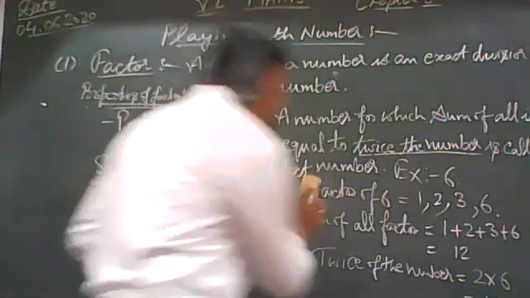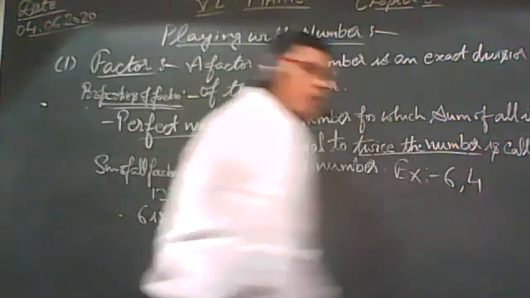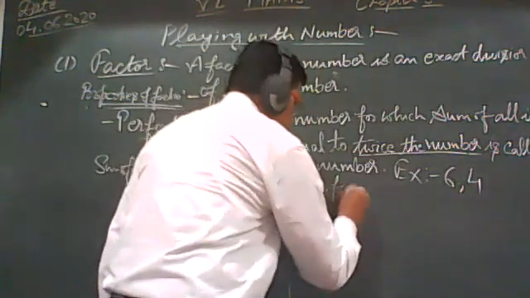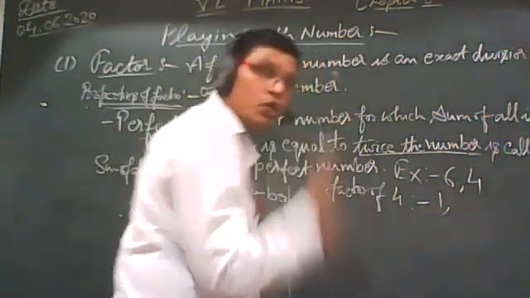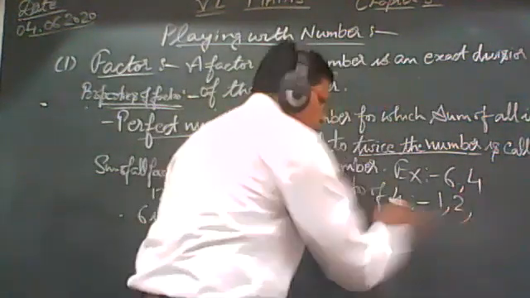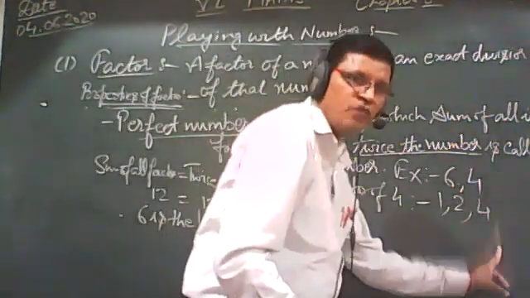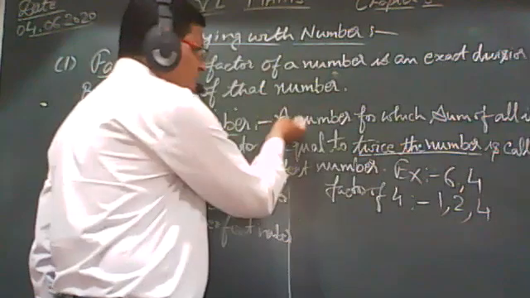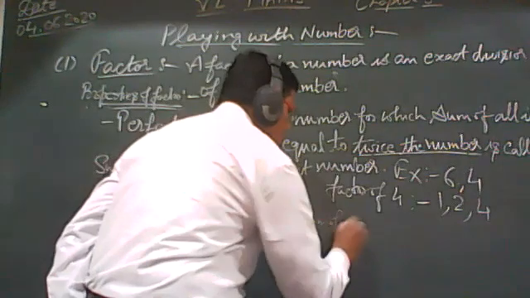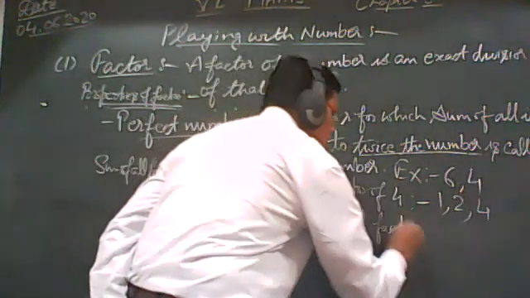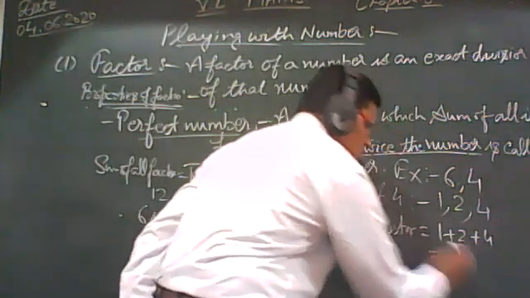Now we take another example. Take number 4. The factors of 4 are 1, 2, and 4. Then by the definition, the sum of all factors equals 1 plus 2 plus 4, and it comes 4, 2 is 6, plus 1 is 7.